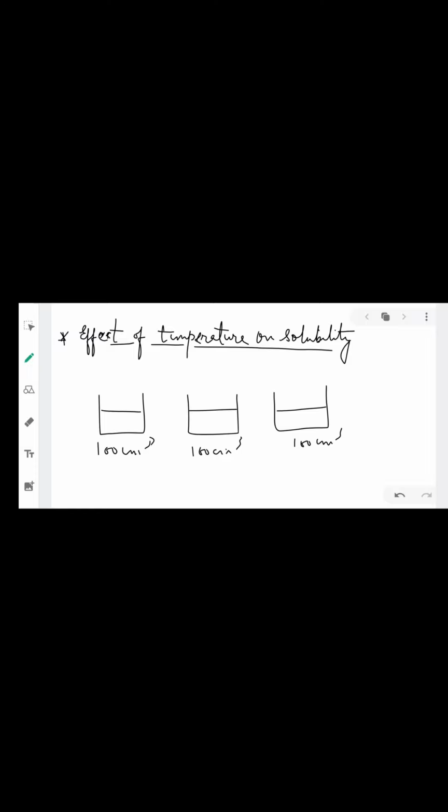Now let's take the initial temperature to be 25 degrees Celsius in all the beakers.